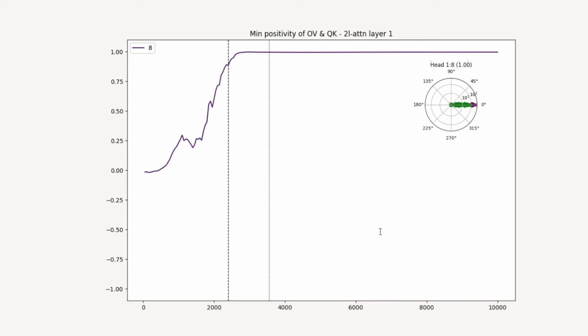This first set of graphs I'll show you is that minimum positivity score, what fraction of the eigenvalues are positive. I've shown you here just the single most induction-like head, but I'll add all 12 in a moment once I've explained what this graph is showing. This is our most induction-like head. I've colored it dark purple because by the end of the trajectory, it is over 99% positive eigenvalues on both dimensions.